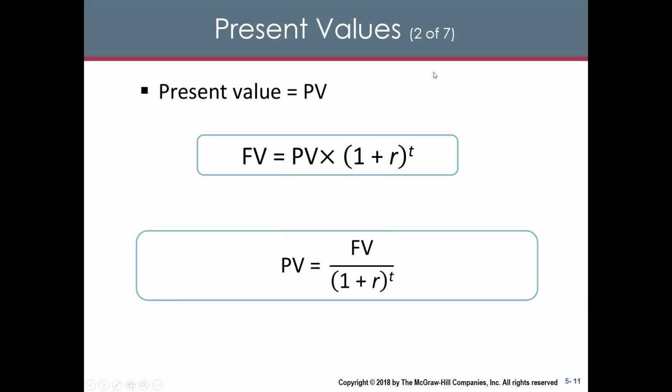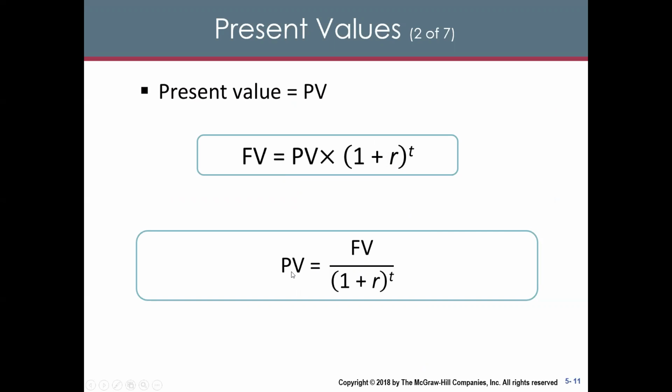Let's look into the formulas. Last class, I gave you the formula FV, future value, equals the present value PV times (1 plus R) to the T. That's the formula for compound interest. Similarly, we can put the present value PV on the left-hand side, so we get PV equals FV divided by (1 plus R) to the T. Here, R is called the discount rate, and T is the number of periods.